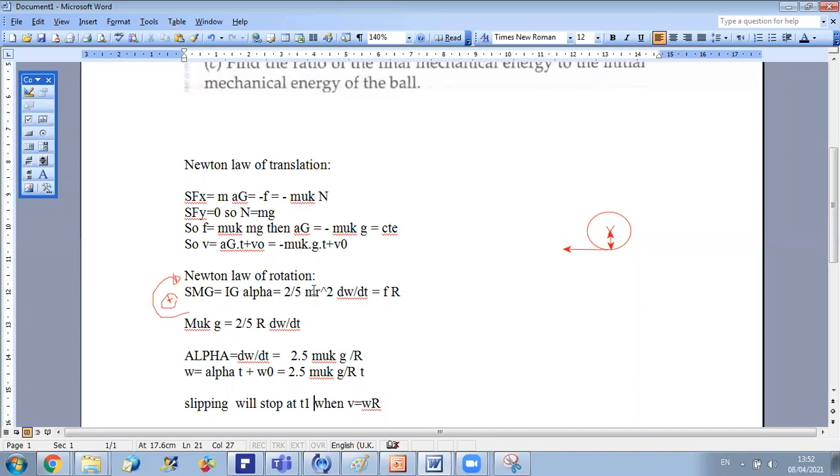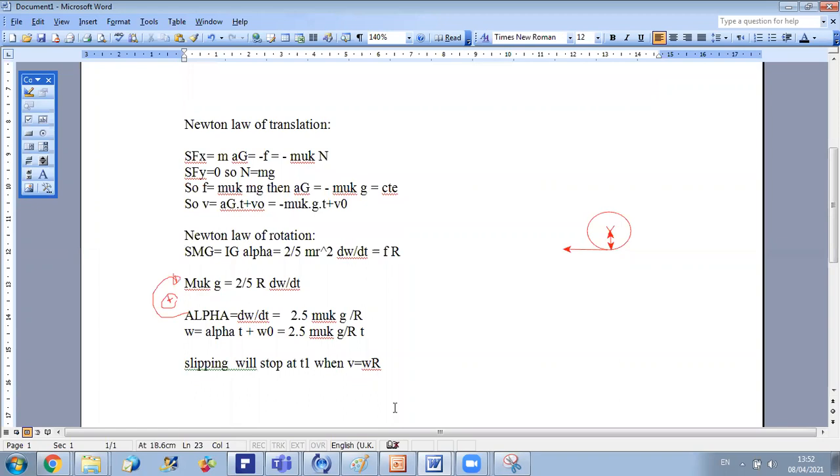So we will replace the expression of velocity at t1, هتكون minus mu k g t1 plus v0 equals to omega times r at this instant. يعني الomega I will replace it by 2.5 mu k g over r times t1 times r.